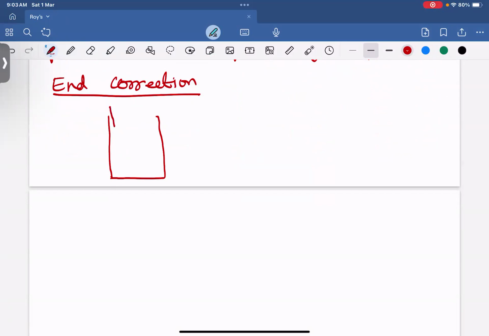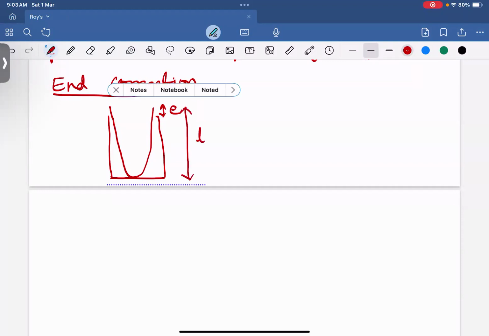It goes slightly above the surface like this, here, slightly above. This length is called E, that is called end correction. That means the total length of the tube is not L, it becomes L plus E. This I am talking about the closed pipe.